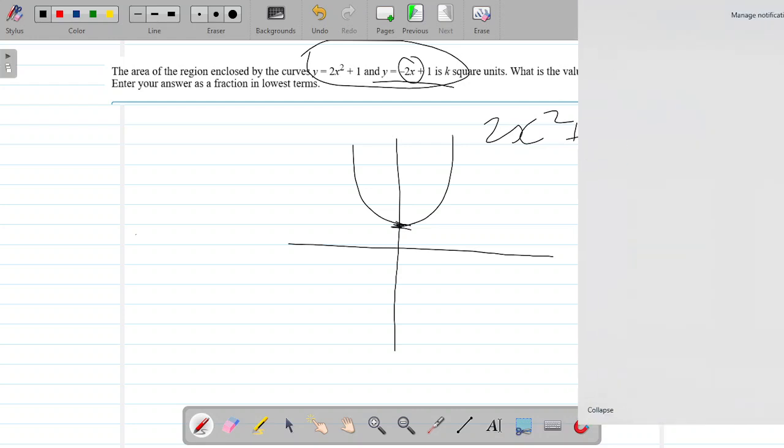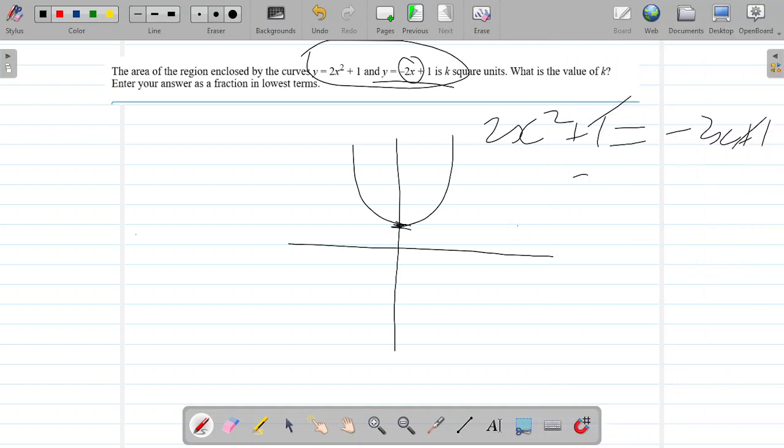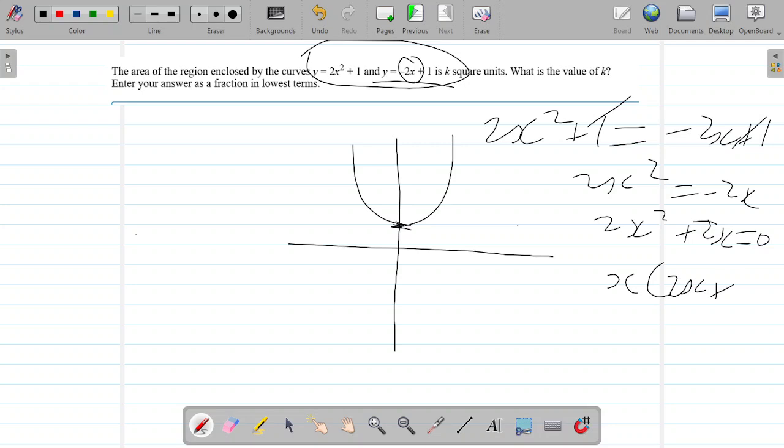So you can cancel the ones. x squared equals negative 2x. Bring it to one side: x squared plus 2x equals 0. You can factor it: x times (x plus 2) equals 0. So x is 0 and x is negative 2. So two intersection points, negative 2 and 0.